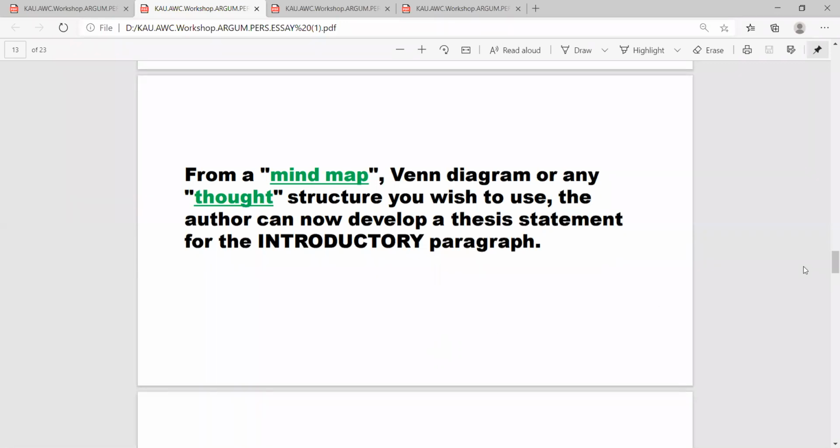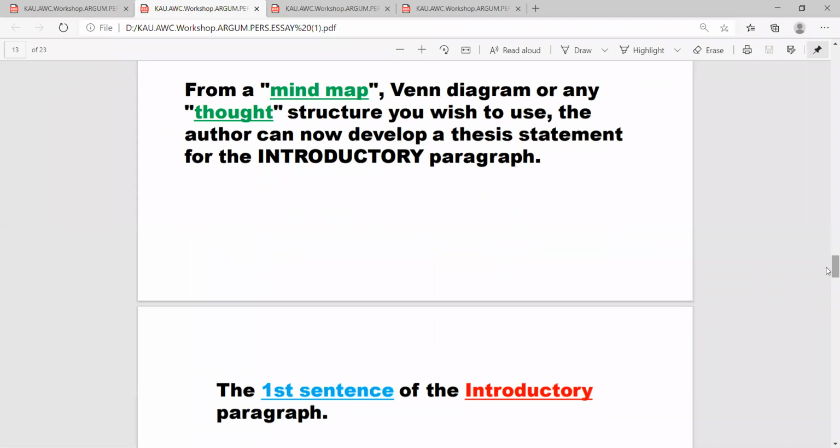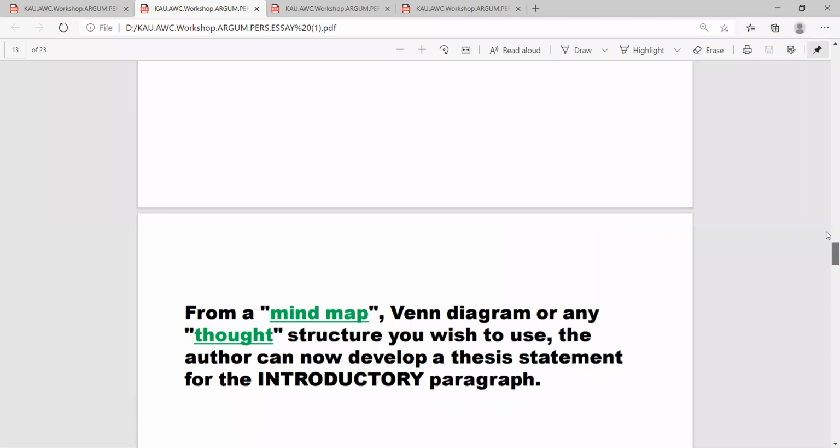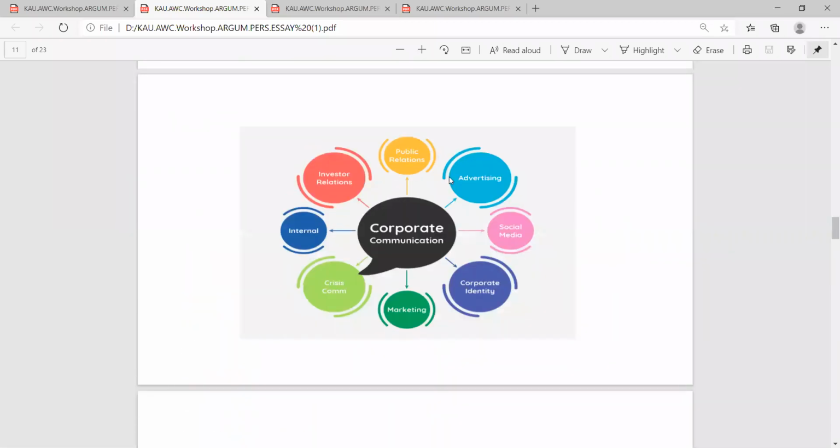You may use any one you like, as long as it's from each sphere, as we see here in the corporate communication essay. Each one of them are going to give you one or two sentences that you can use in the introductory and the supporting sentences. They can help you further develop your essay. Okay.